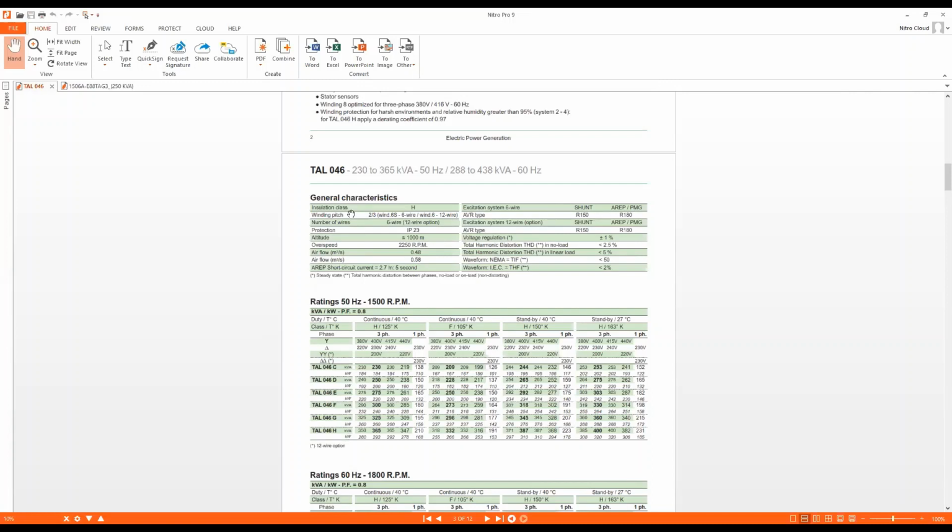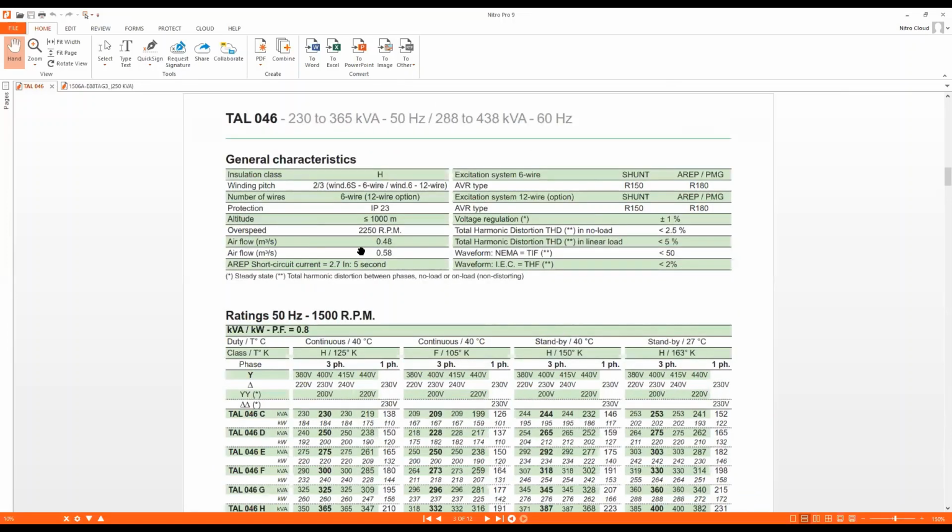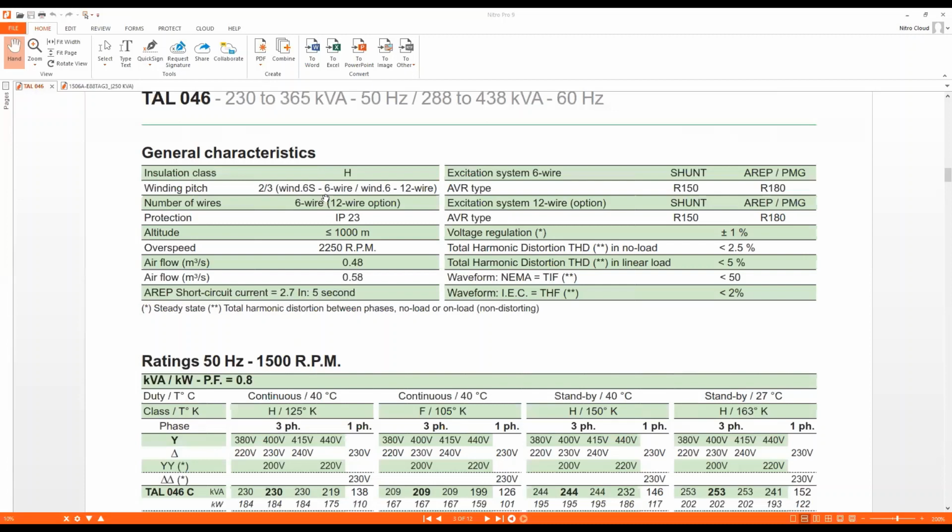You'll see the insulation class is H. I'll zoom in. My insulation class for all the alternators in this datasheet is H. This is fixed. This is related to the temperature that my insulation can withstand.